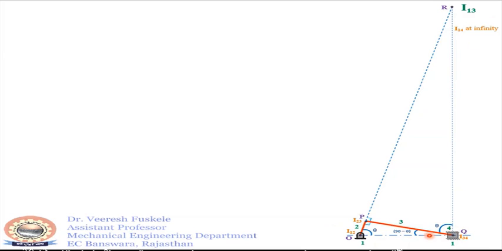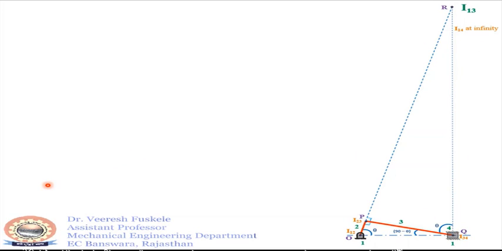Similarly, as this angle is 90 degree, so angle PQR will be theta degree, as this is 90 minus theta, so this will remaining be theta degree. So knowing these angles, we will find out the lengths RP and RQ.